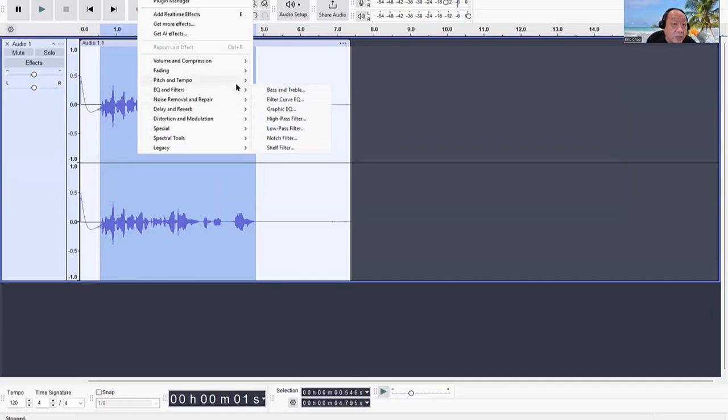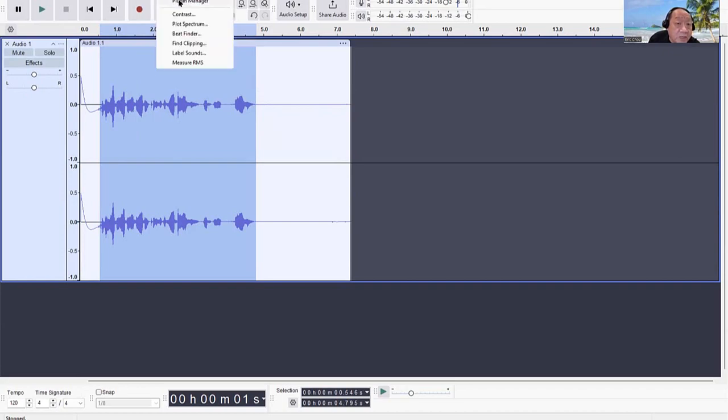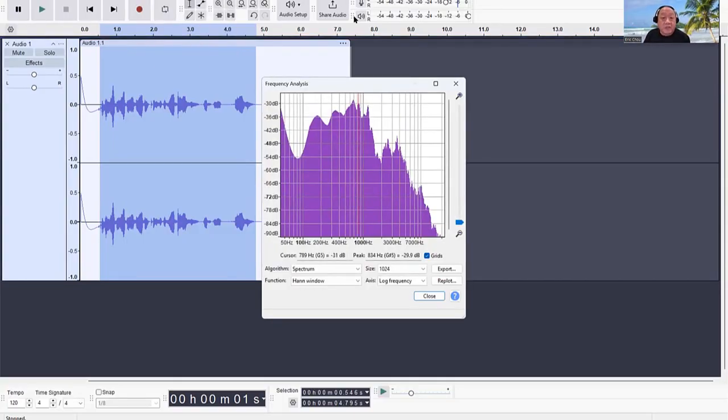we can look at the frequency domain that's using analyzer. That's plot spectrum. So my speech, high frequency over here, low frequency over here. That's the voice that I have.